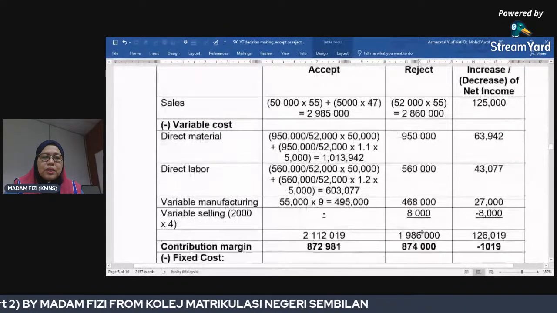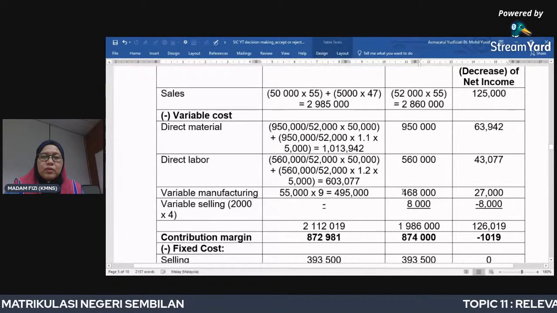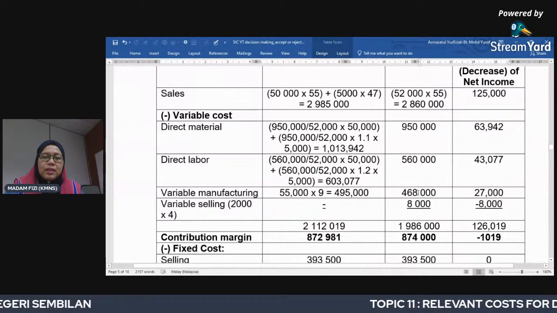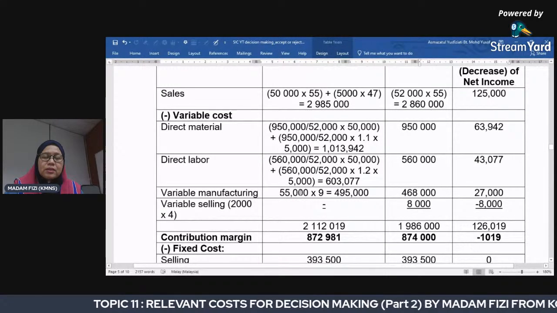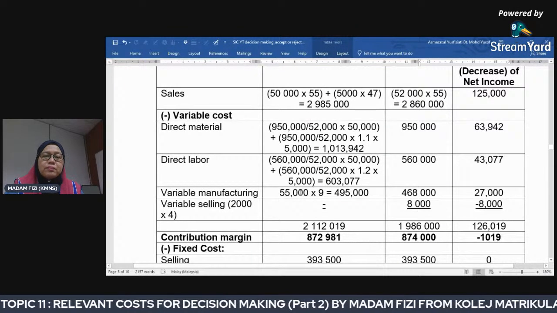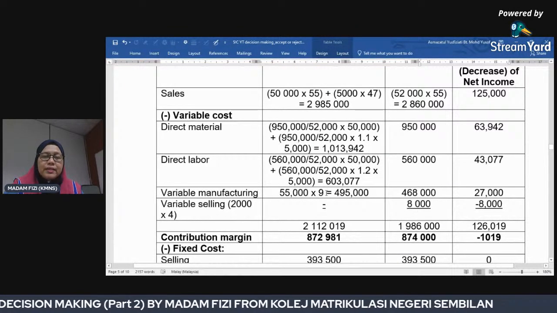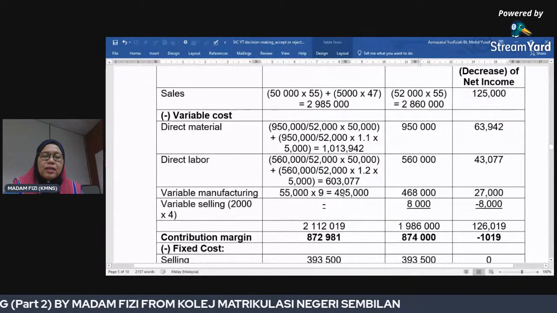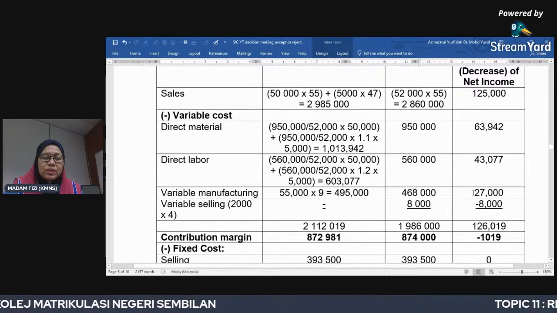Okay, next we calculate the variable manufacturing. For reject is 468,000 and for accepted is 495,000. Sama sebab variable cost times 9 ringgit in the question. So the difference is 27,000.